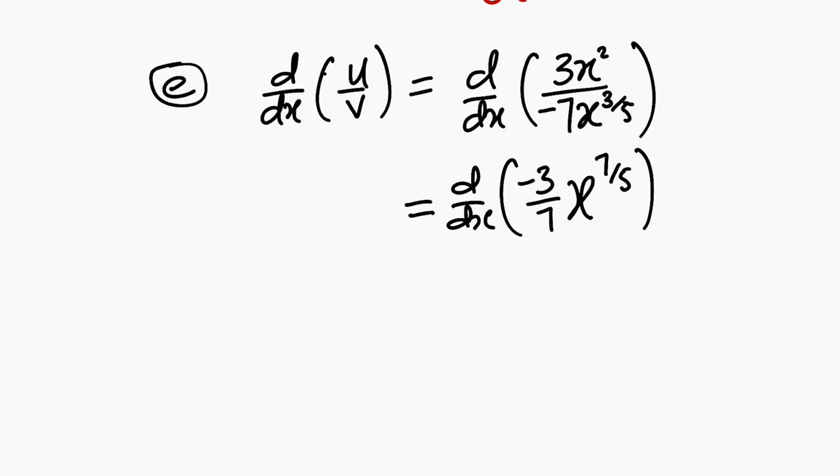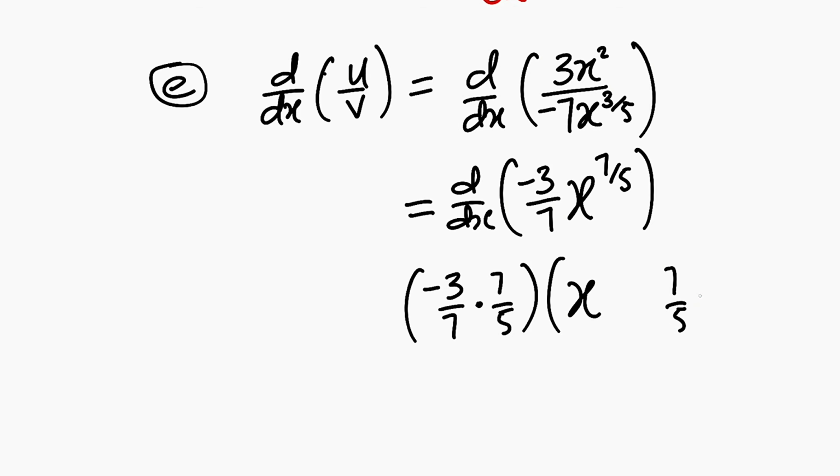Now we are going to take the derivative. We take this power, we multiply by this constant. We have negative 3 over 7 multiplied by 7 over 5 multiplied by x to the power of 7 over 5 minus 5 over 5, which is the same thing as 1, right?